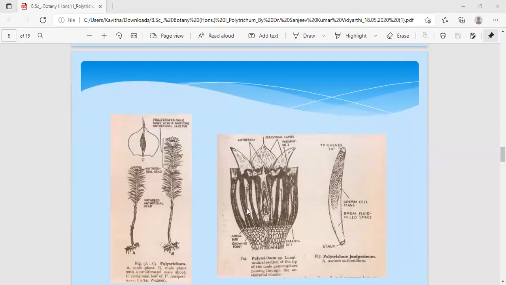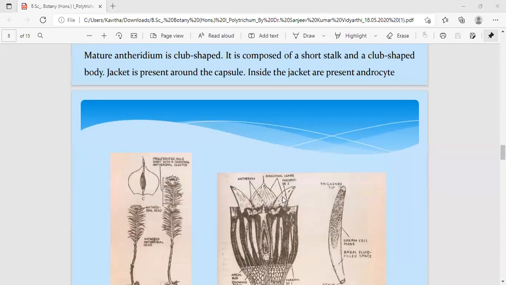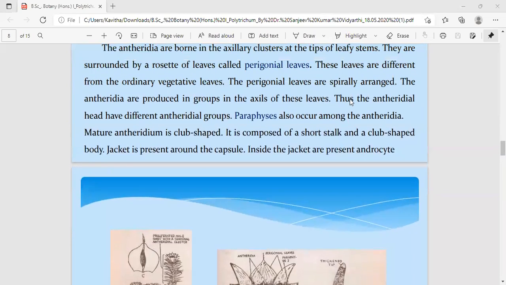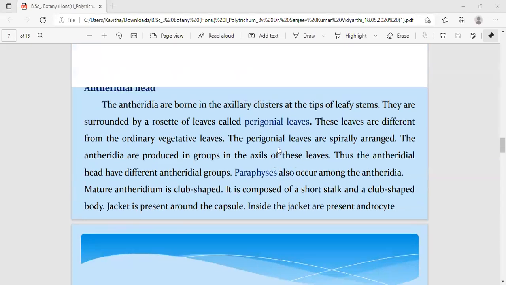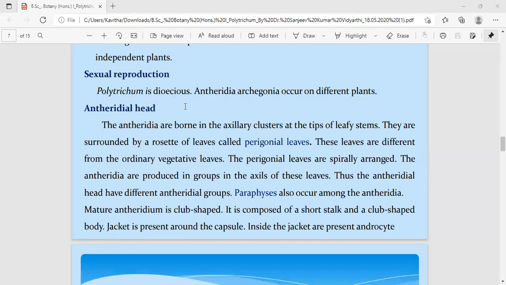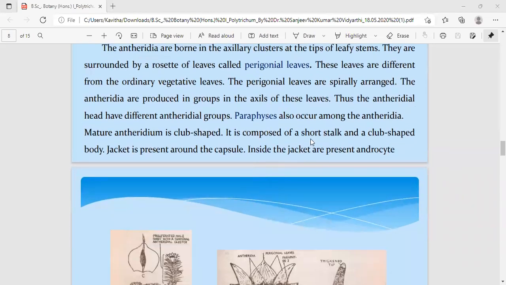So this is antheridia. Next, paraphysis. Next antheridia, again the paraphysis. Like that, the alternating of antheridia, the male sexual organ, and the paraphysis along with the perigonial leaves forms the antheridial head of the male plant or a male Polytrichum.